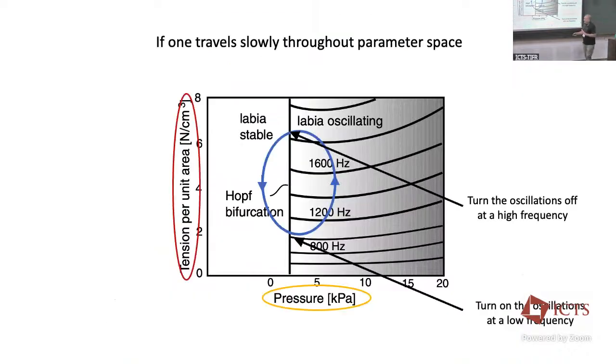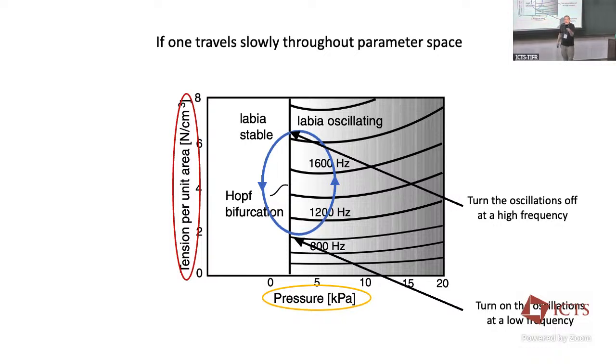But basically, the idea is that, for example, if I want to generate a syllable that has an upsweep behavior, what you have to do is turn the oscillations on at the region where the frequencies are low, and then start to increase the tension of the labia until you turn the oscillations off.